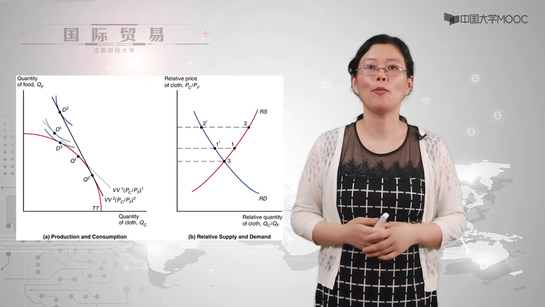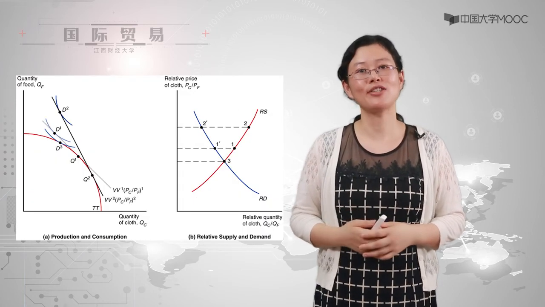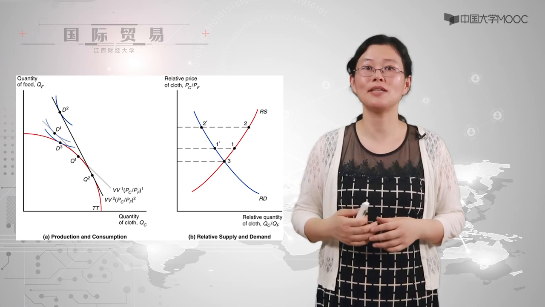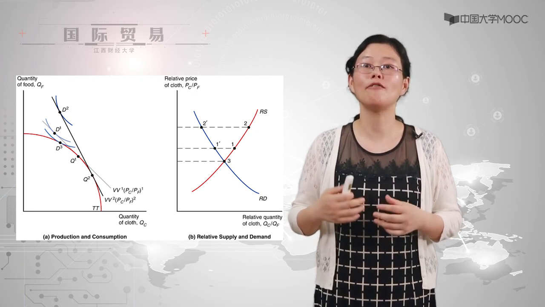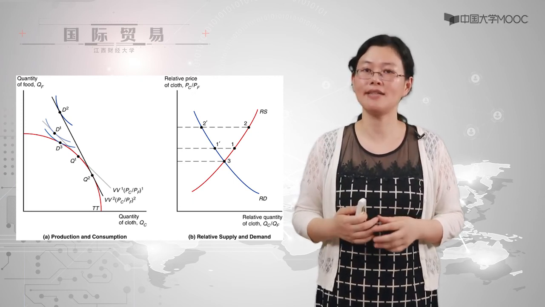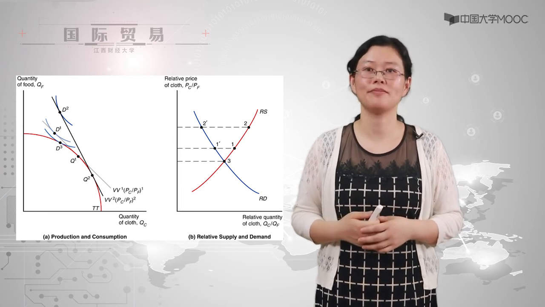Look at figure 4. The relative price of crops to food is determined by the intersection of relative demand and relative supply for that country.